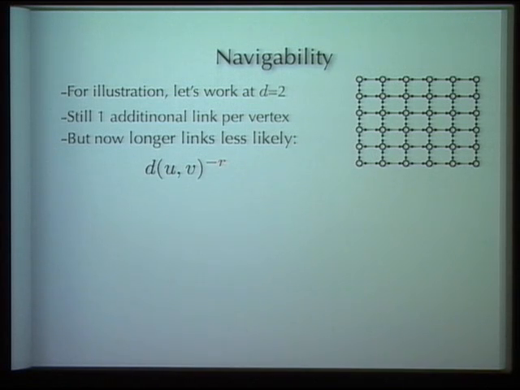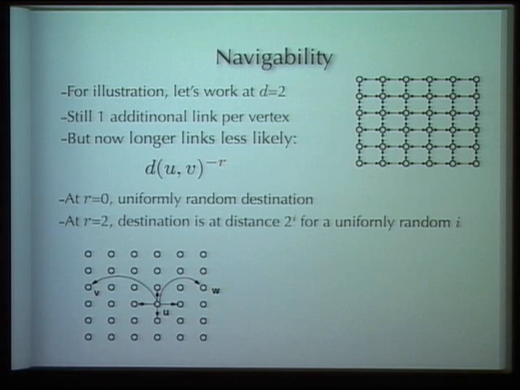And in fact, the probability is going to be inversely proportional to the distance between the 2 vertices, with some particular exponent R that I'm going to tune. So for example, if I take this exponent to be 0, the destination is uniformly random. On the other hand, if I take the exponent to be 2, my destination is going to be at a uniformly random distance scale, meaning it's going to be at distance 2 to the i for some uniformly random i.